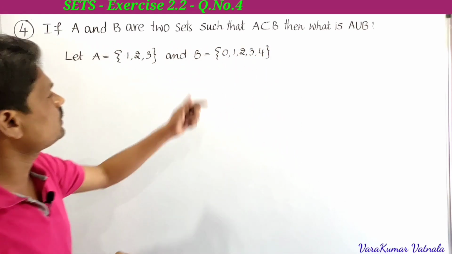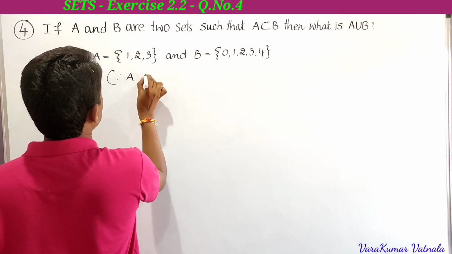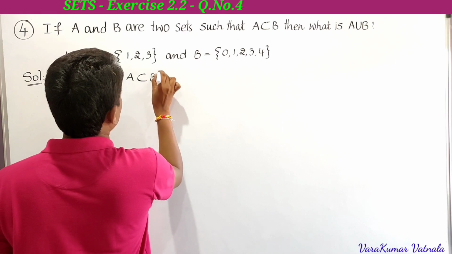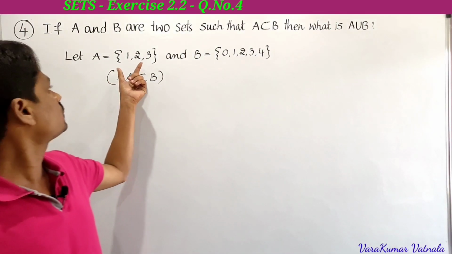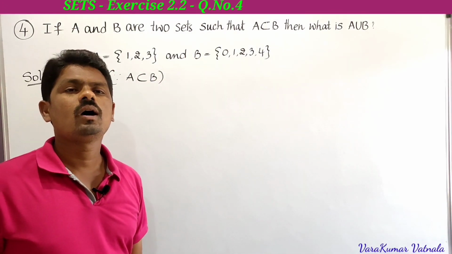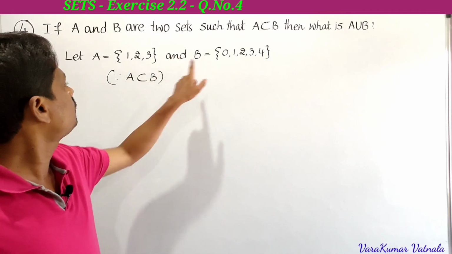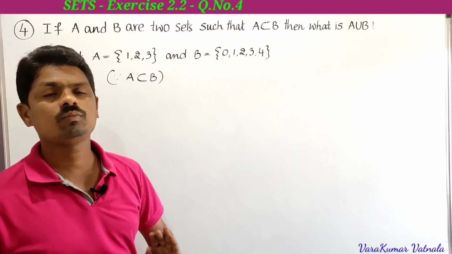So this is A and this is B. Since the condition is A is a subset of B here, we have already learned subsets. If all elements of A are present in set B, then we can say A is a subset of B. Here 1 is there in B, 2 is also there, 3 is also there. We can say A is a subset of B.